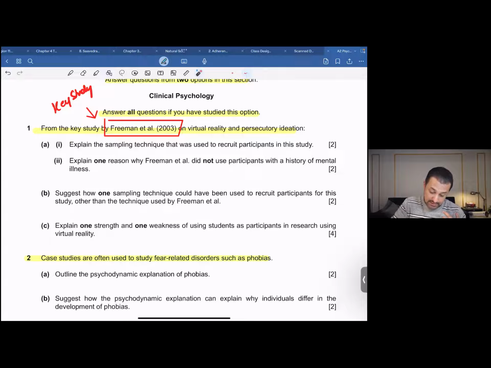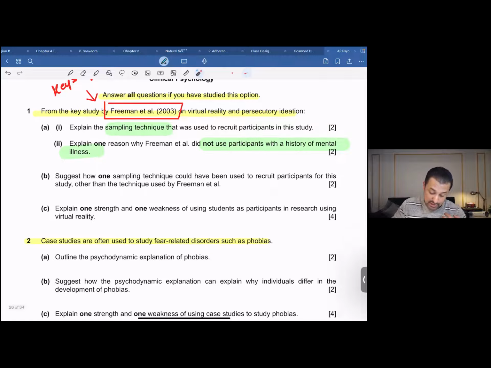Explain the sampling technique. Look at the details that you've been asked. Used to recruit. Explain one reason why Freeman et al. did not use participants with a history of mental illness. This shows that your grip on that particular key study needs to be super strong. The B part suggests how one sampling technique could have been used to recruit participants for this study, other than the technique used by Freeman et al.